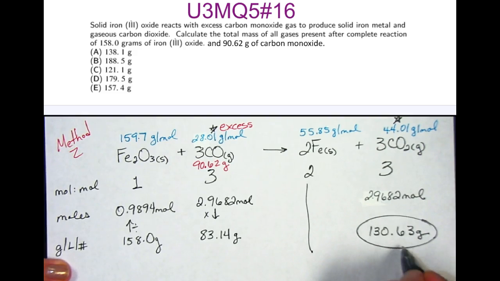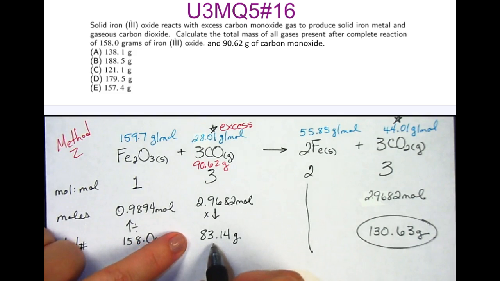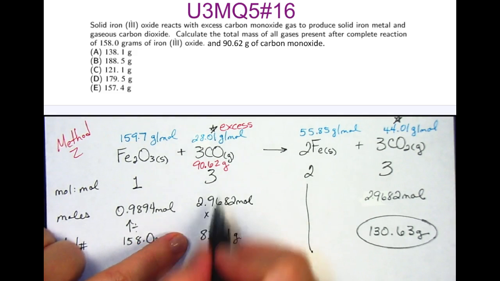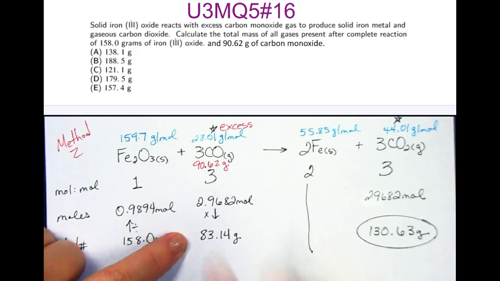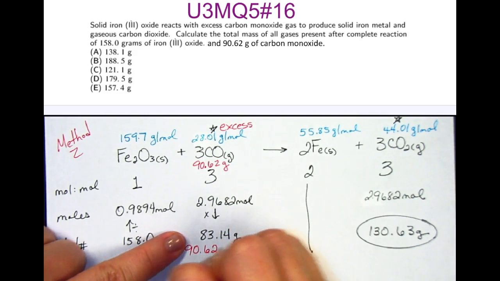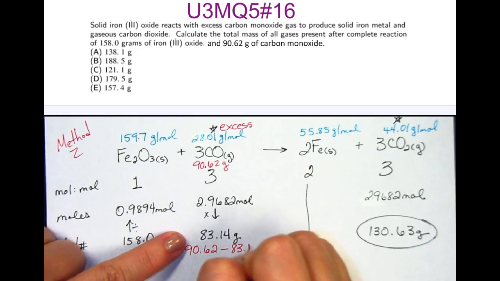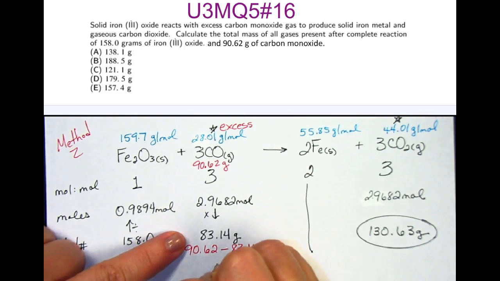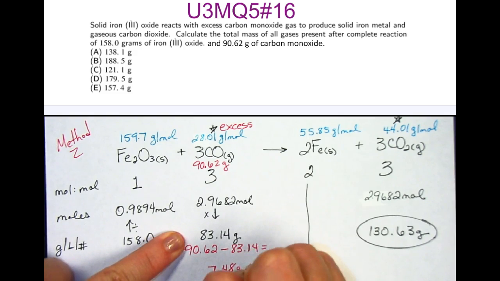So that's how much total is produced. However, this is how much carbon monoxide we consume of the 90.62 grams. So if I take 90.62 minus 83.14, then I get leftovers of 7.48 grams of carbon monoxide that are not reacted or consumed.